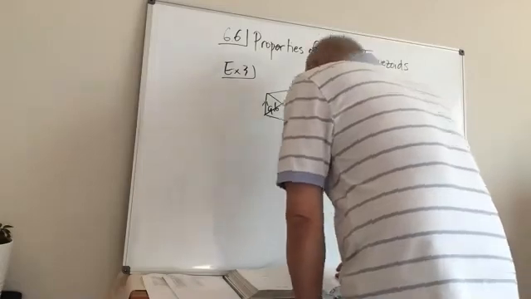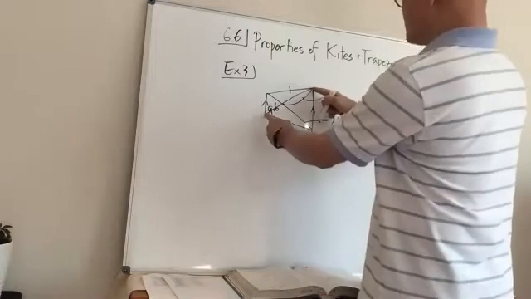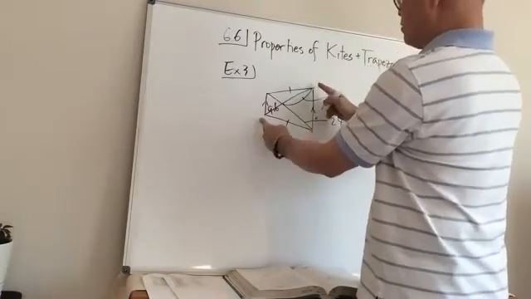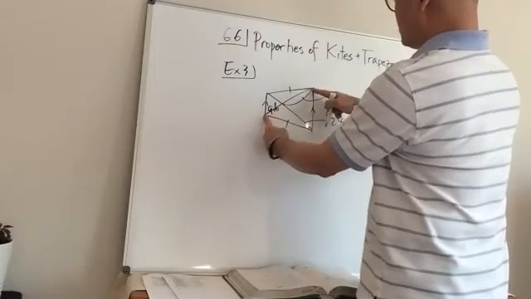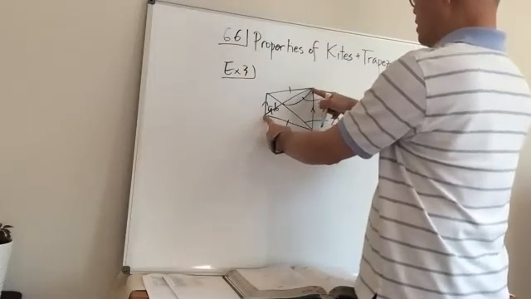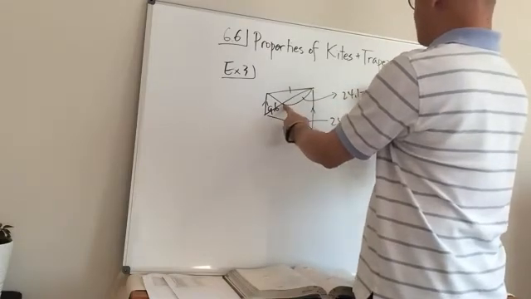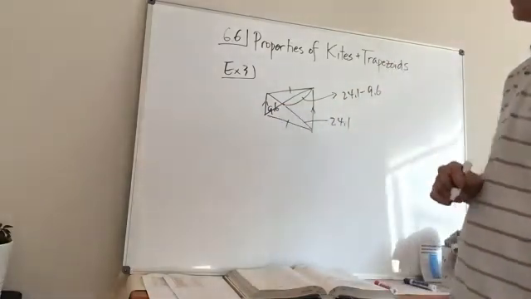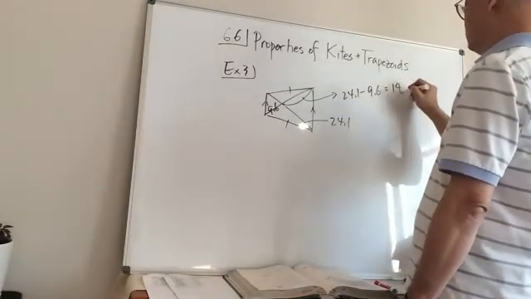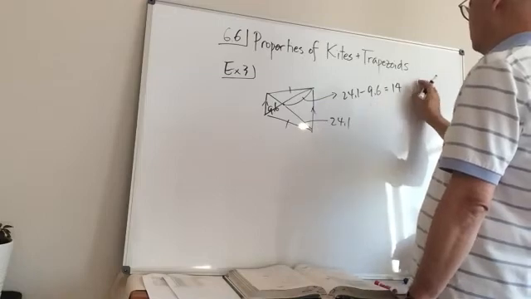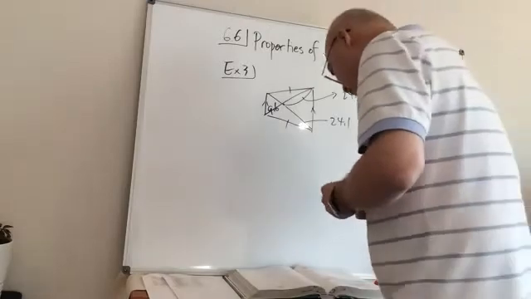I'm trying to find PS, this guy here. So since this guy and this guy are diagonals and they must be congruent, this guy from here to here would have been 24.1. So this guy here is going to be 24.1 minus 9.6, right? Which would have been 14.5.